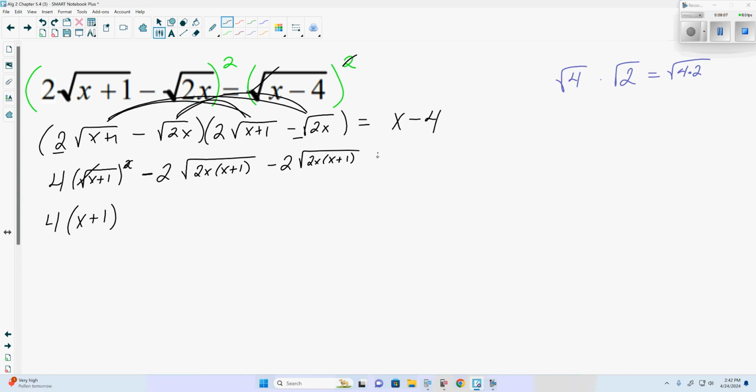Negative times a negative is a positive. Square root of 2x squared. Well, the square root and squared will cancel. So this here is going to be plus 2x.